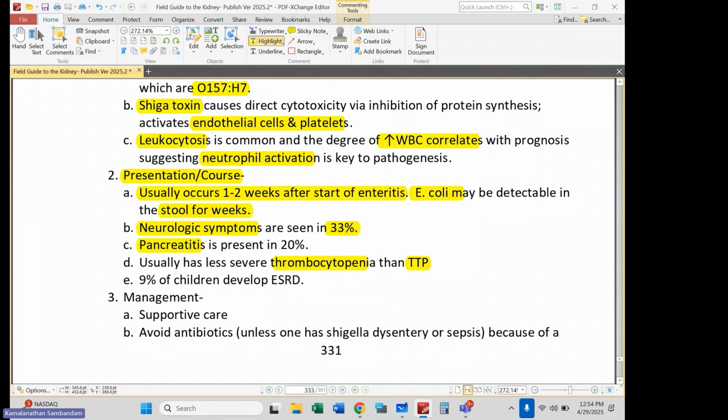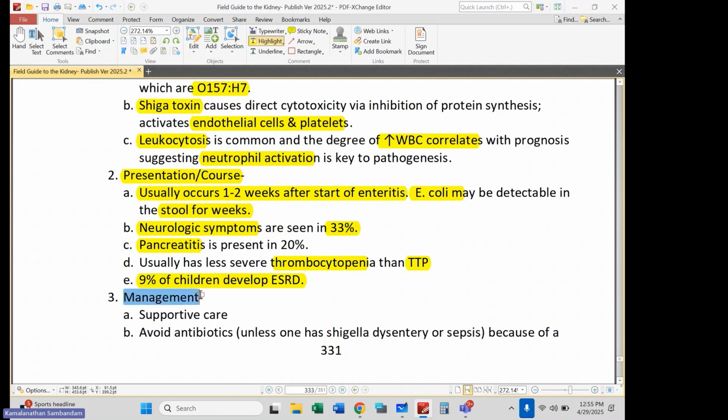That'll filter to that part of our conversation that's forthcoming. And then children classically are described with this HUS, and we have published reports of atypical HUS estimating the risk of ESRD in about 10% of children.